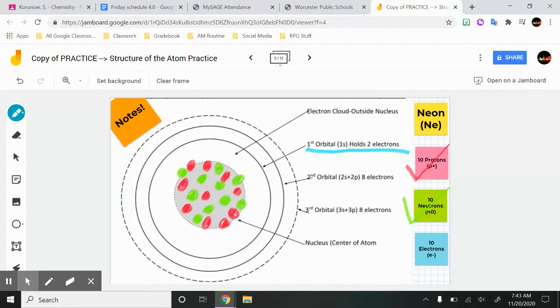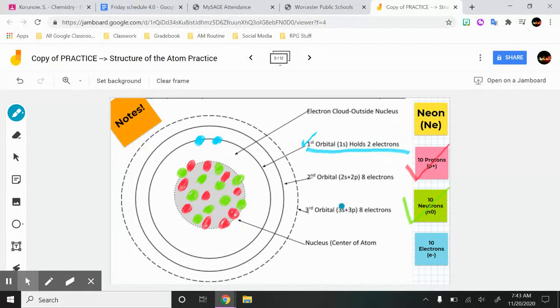So I'm going to take my 2 electrons and put them together on that first ring. So now I am done with this first ring. It can only hold 2 electrons total. It cannot hold any more than 2.